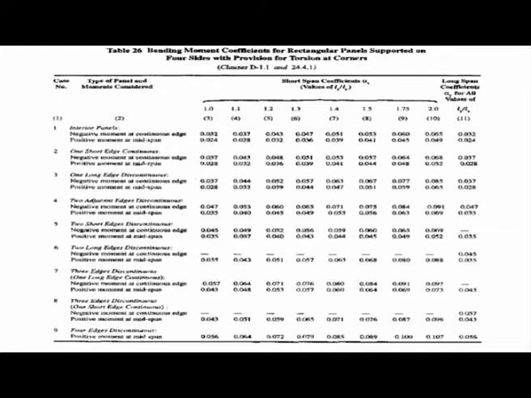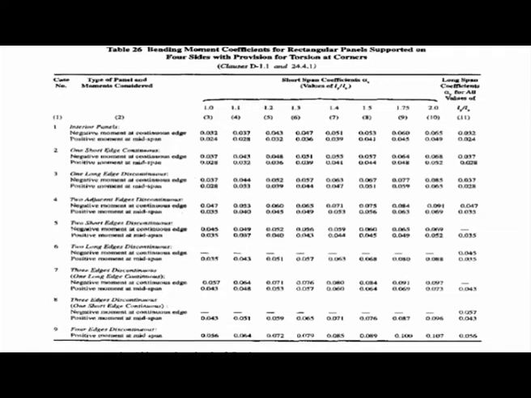Similarly, one short edge continuous, one long edge discontinuous, two adjacent edges discontinuous, two short edges discontinuous, two long edges discontinuous, three edges discontinuous, one long edge continuous, three edges discontinuous, one short edge continuous, and finally four edges discontinuous.